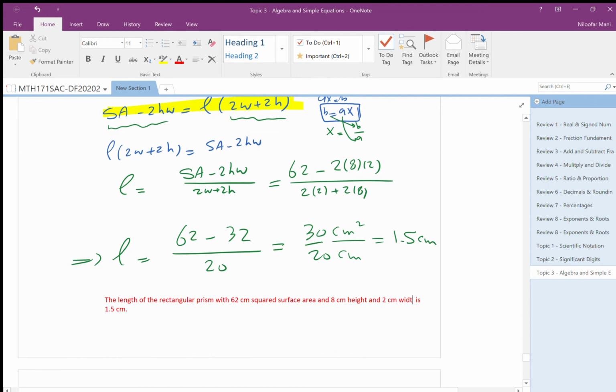The length of the rectangular prism with this centimeter squared surface area and 8 centimeter height and 2 centimeter W. Am I right here?